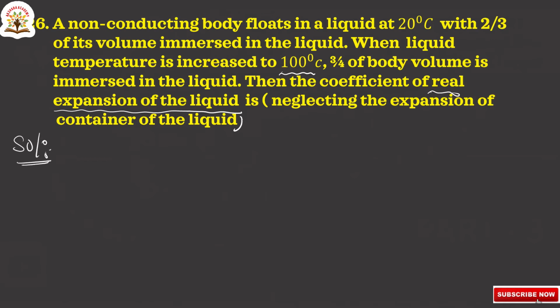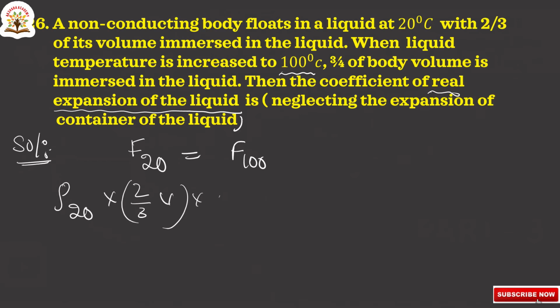Here F20 is equal to F100 degree centigrade. So rho 20 into 2 by 3 of V into g is equal to rho 100 into 3 by 4 of V into g.